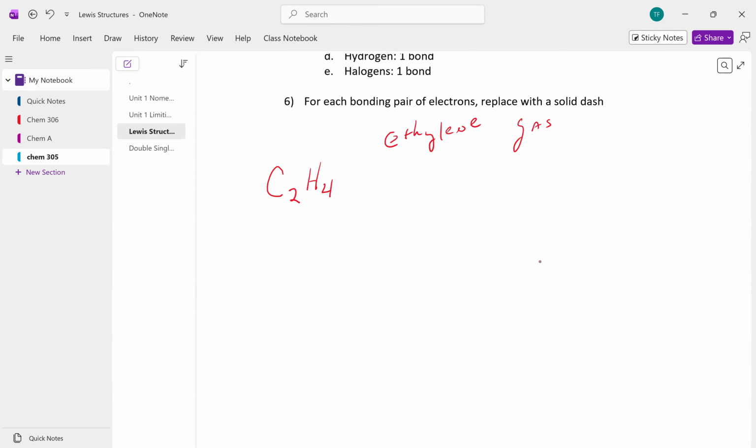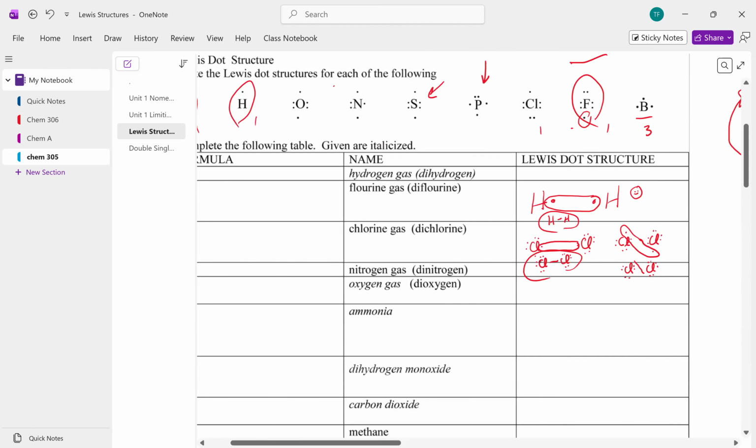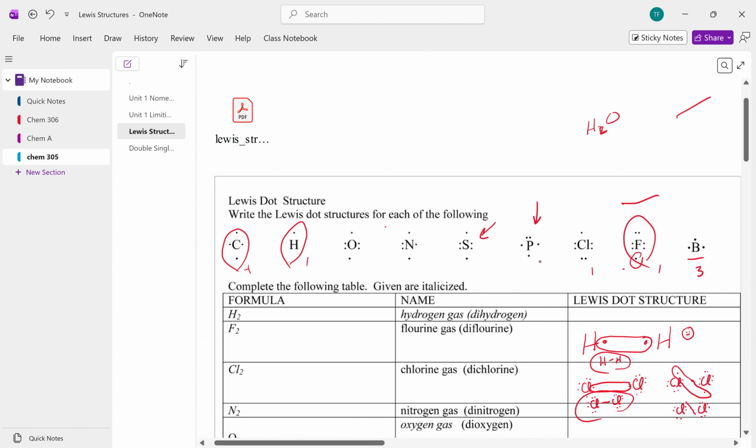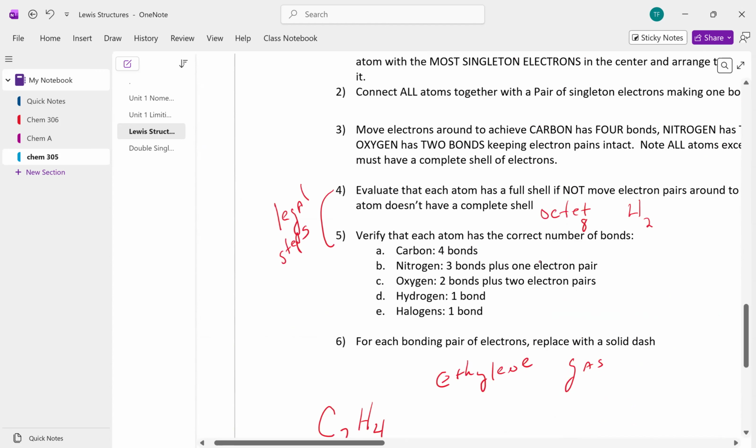Okay, so let's do the Lewis dot structure for this guy. Now we're talking about 6 atoms, so we're starting to get up there in numbers. Between carbon and hydrogen, which has the most singleton electrons? Remember up here? Carbon. Carbon, right. So those are going to go in the middle.